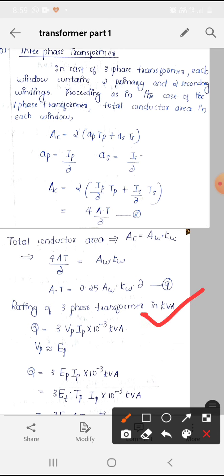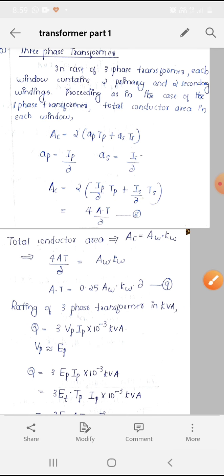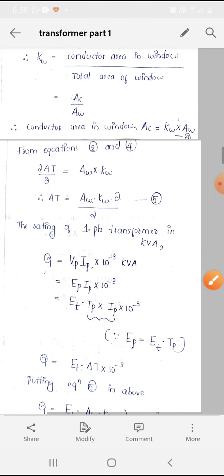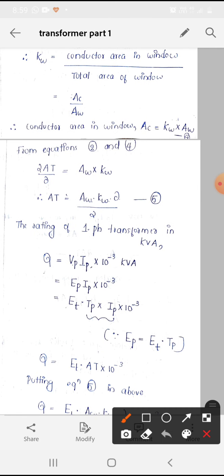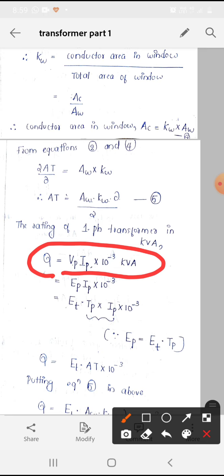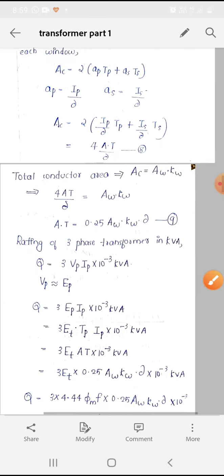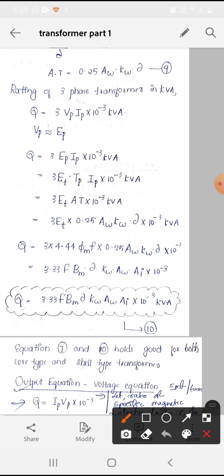For a three phase transformer, the equation is 3 into VP IP into 10 raised to minus 3 kVA. Whereas for a single phase transformer, what was the equation? See, for a single phase transformer, the rating in kVA is given as Q is equal to VP IP into 10 raised to minus 3 kVA. For three phase, it is equal to 3 VP IP into 10 raised to minus 3 kVA. So, we will get the final equation as Q is equal to 3.33.